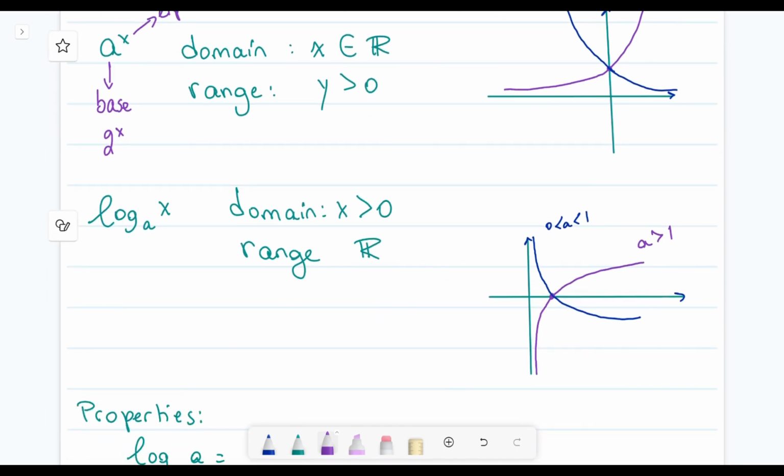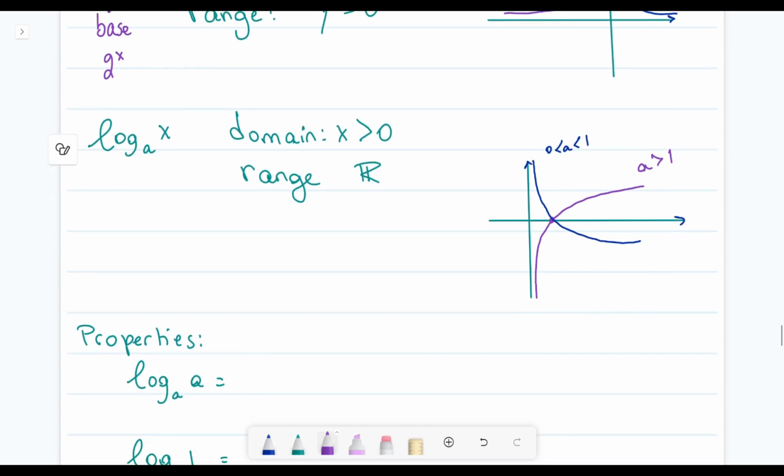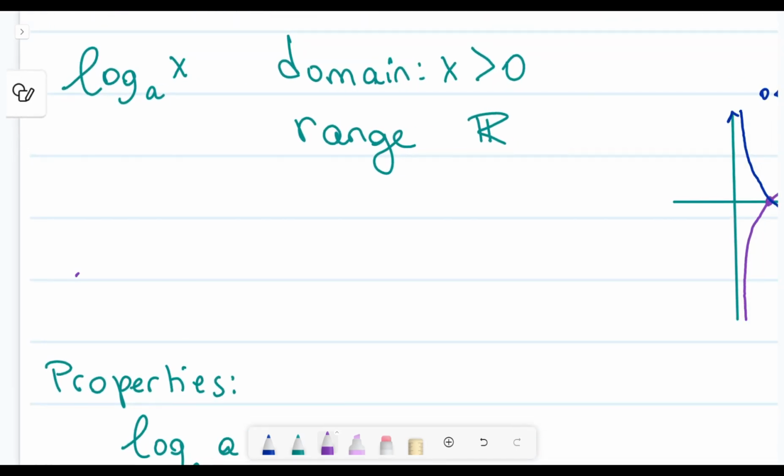Now for logarithms, log base a of x, the graph if a is greater than 1 is shown in purple, and the graph if 0 is less than a less than 1 is shown in dark blue. The domain is x greater than 0 and the range is all reals. Now I just wanted to point out what a logarithm is.